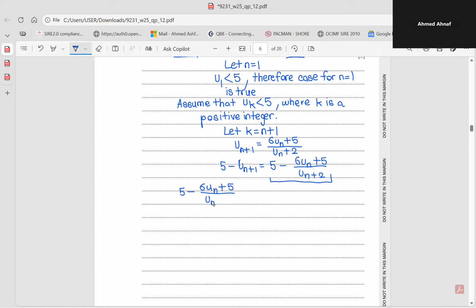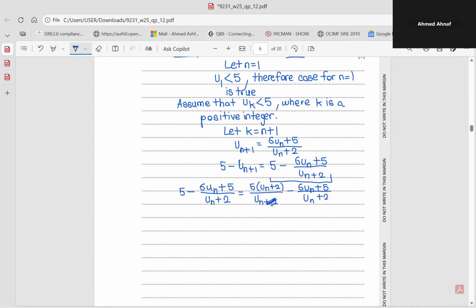So for 5, it's just going to be 5 times (Un plus 2), minus (6Un plus 5), over (Un plus 2).